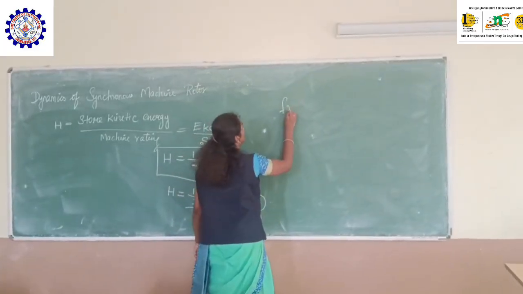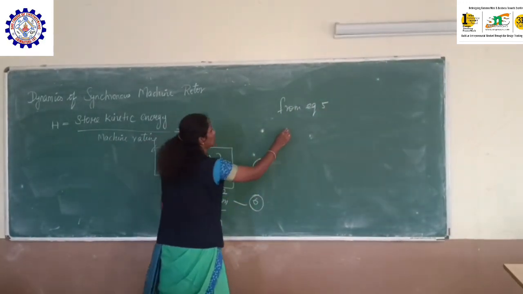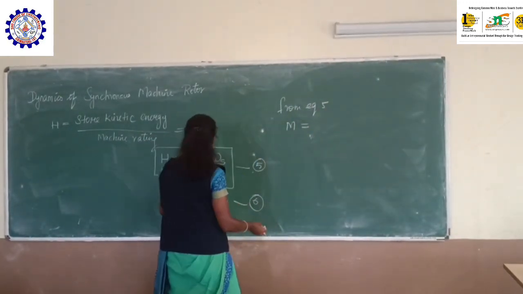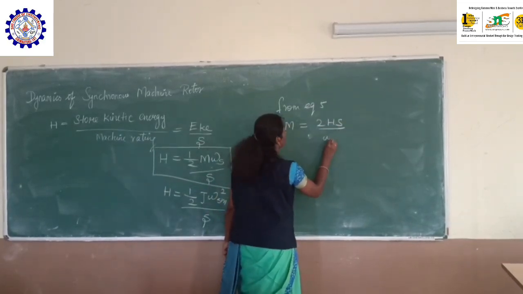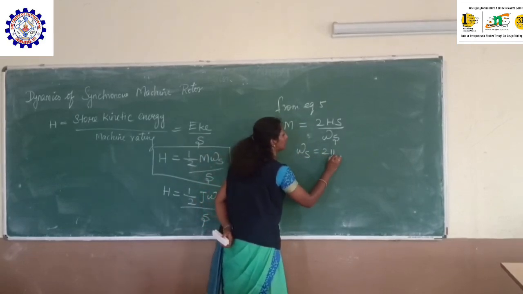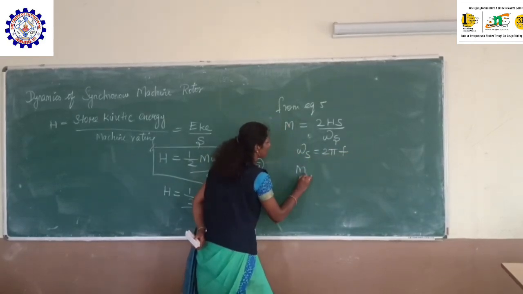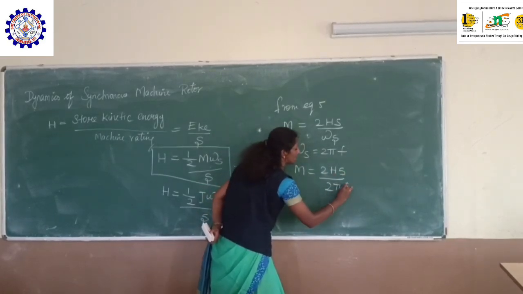So from equation 5, moment of inertia M can be written as 2HS divided by omega S, where we can substitute omega S is equal to 2 pi f. So M equation becomes 2HS divided by 2 pi f.